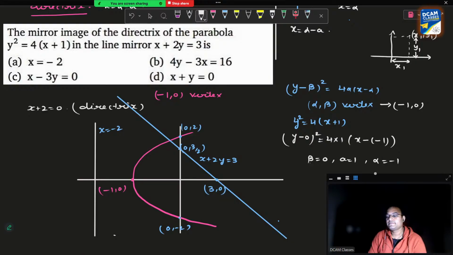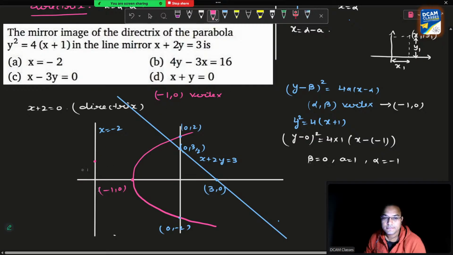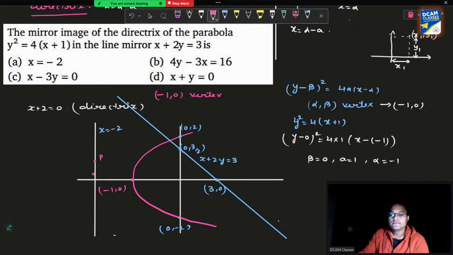That's the point. To find out the mirror image, assume any random point on the directrix. I have taken it to be (-2, lambda).